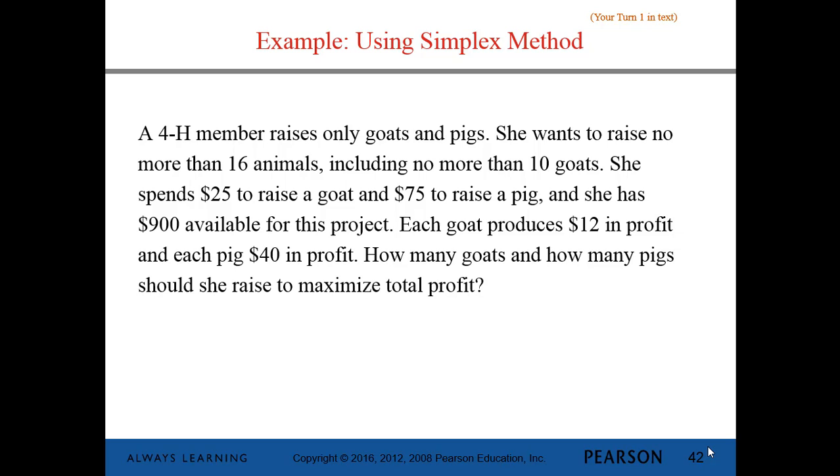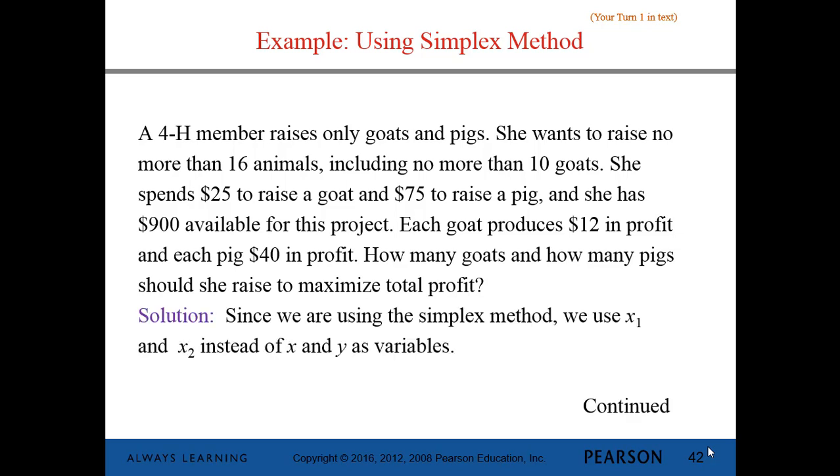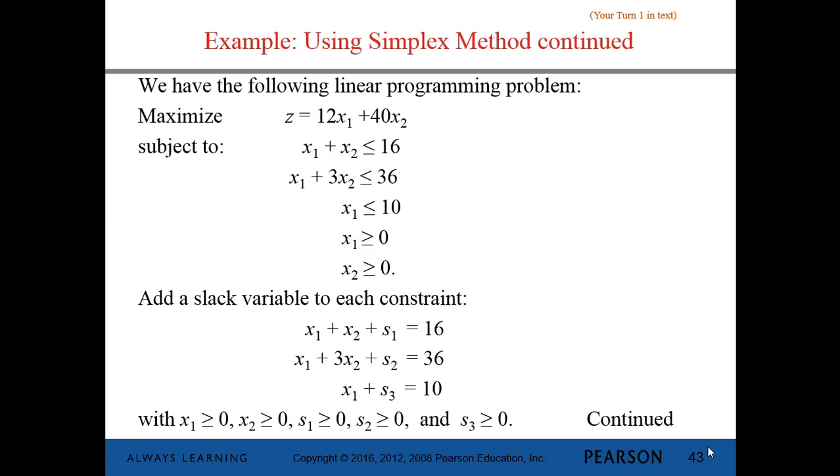Or no, 3.3. Okay, now, since we're using the simplex method, we use x1, x2 instead of x and y. So each variable will represent a different quantity that we're measuring. Now, we have the following linear programming problem, which is the same one that we had before. So now we have our constraints and we have our objective function.